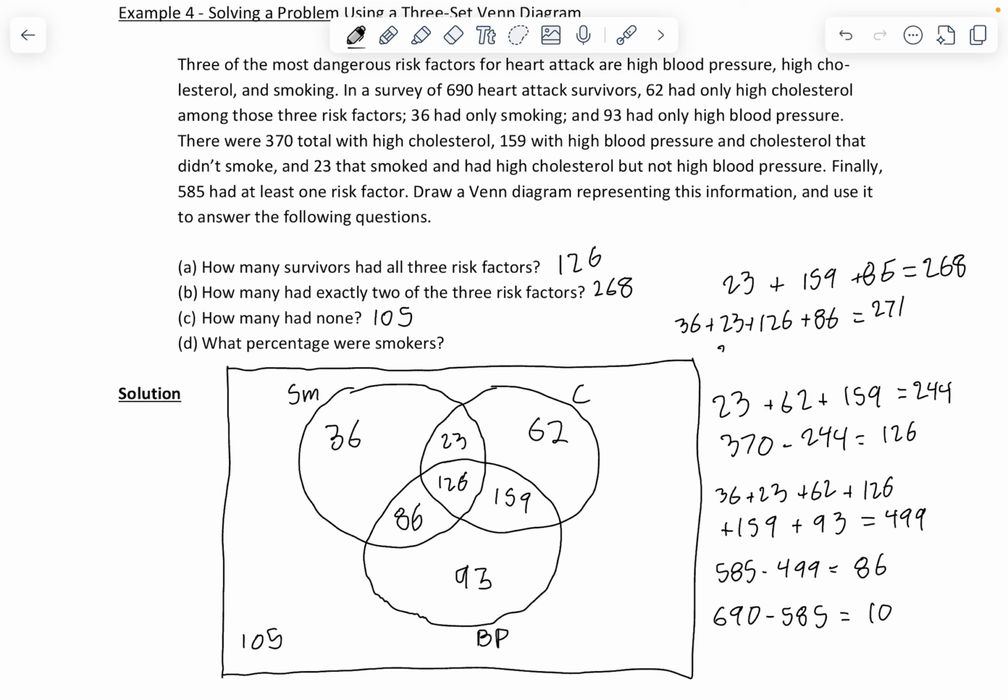Then 271 out of the total, which was 690, times 100%. If I do the math, that works out to be about 39%. So 39% were smokers. So there's a few examples of how to analyze set relationships and survey problems using Venn diagrams.